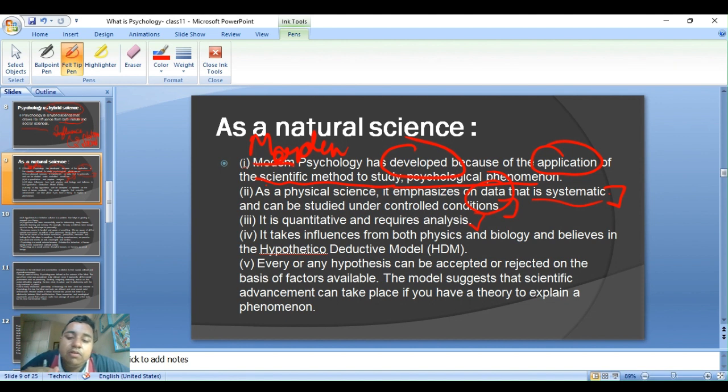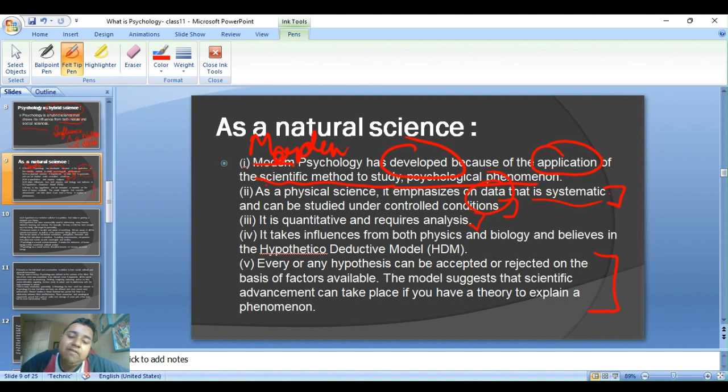It takes influences from both physics and biology and believes in the hypothetico-deductive model. Any hypothesis can be accepted or rejected on the basis of factors available.